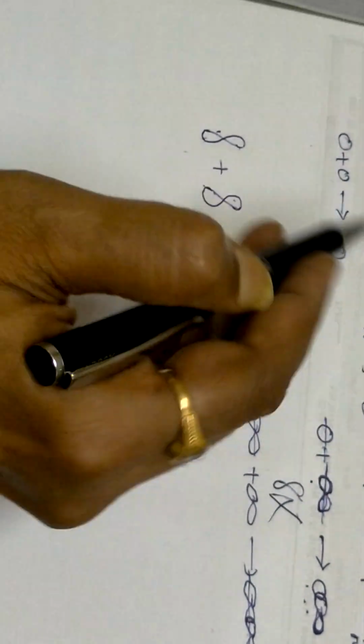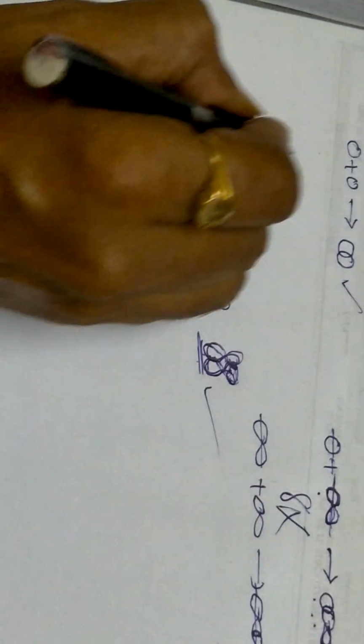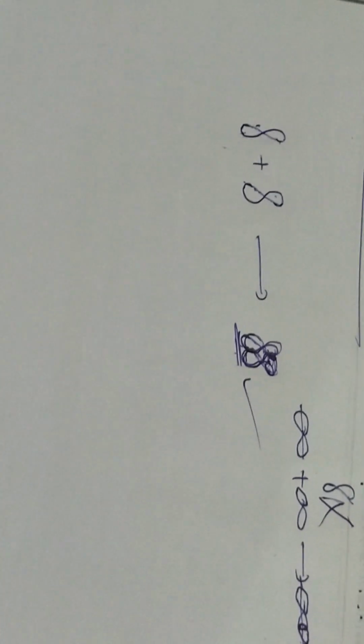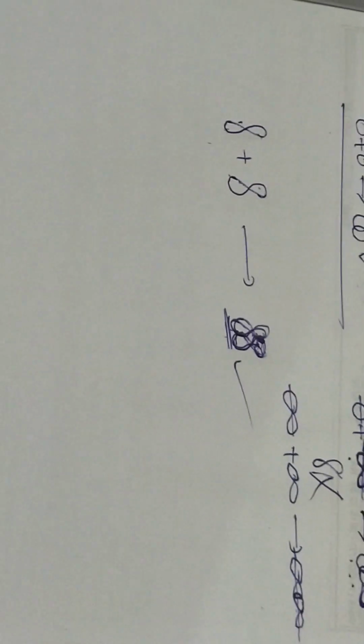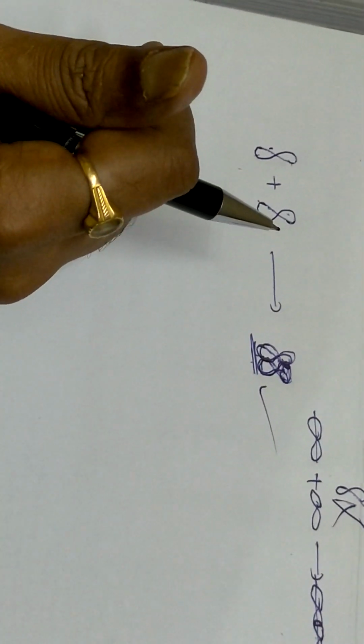Now, whether the sigma bonds are stronger or the pi bonds are stronger? Sigma is always stronger, as the overlap is more. Then what are the factors favoring the formation of covalent bonds? These are covalent bonds only, not ionic bonds.